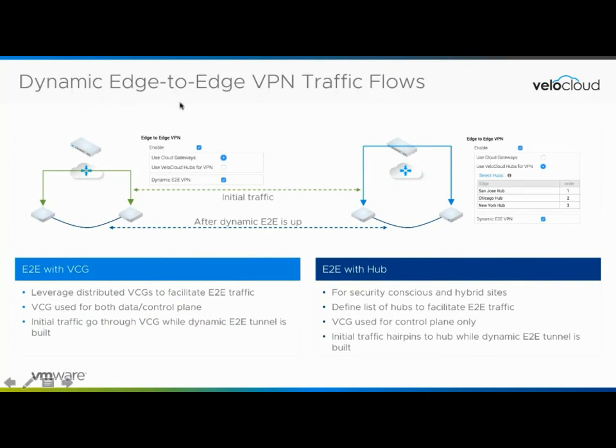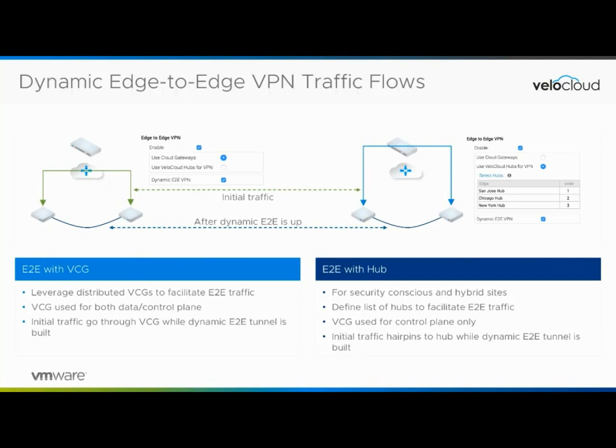To give you an example, for dynamic edge to edge, initial traffic goes through the hub or to the gateway, whatever is selected in the Cloud VPN. But once the dynamic tunnel is up and running, then the traffic goes directly from branch 1 to branch 2. You don't have to get involved with CLIs where you need to write for each scenario.